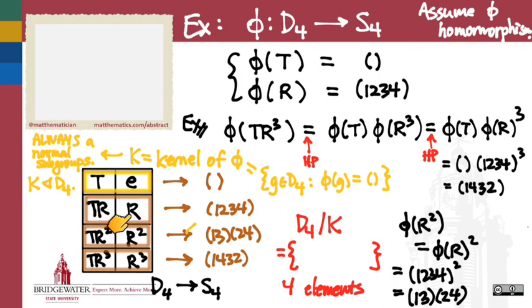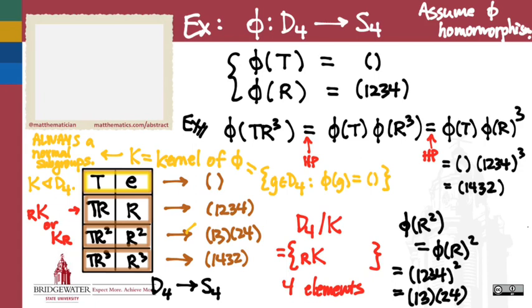If I'm looking at this element here, which is this second row, I could write that as RK, right? But what about KR? Because it's normal, we already know that it's the same thing. You're taking my word for it right now because we haven't proven it, but if K is a normal subgroup, then KR and RK are the same thing.